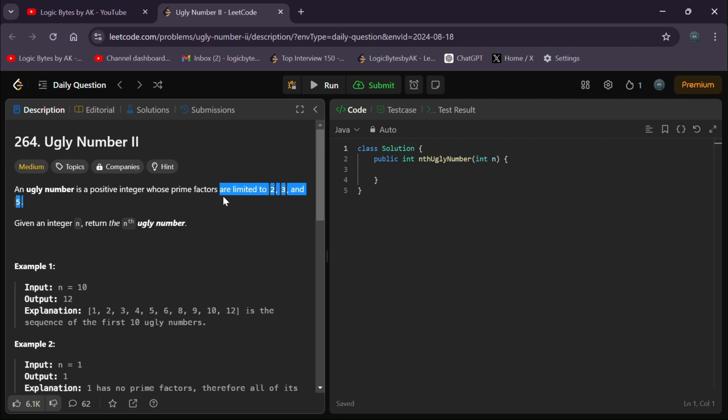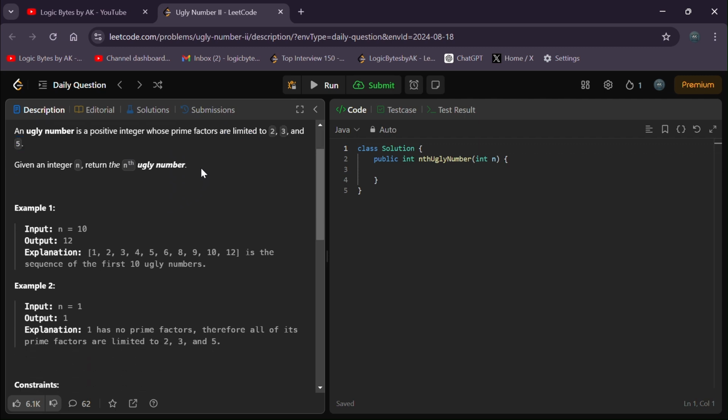It means the prime factors should be limited to 2, 3, and 5. It should not contain more than these three numbers. And he didn't ask us to check whether the number n is an ugly number or not. He asked for the nth number. So we have to generate the first n numbers and return the nth number.